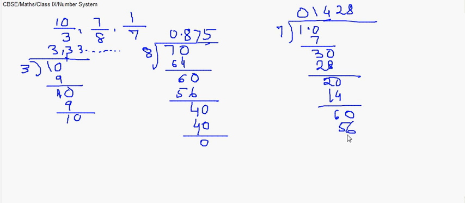I have already got 4 digits after decimal, but it hasn't terminated yet. It is also not repeating as in the first case. In the first one we got 3 repeated, second one it got terminated, and if you see here, it is not getting terminated and it's not even repeating. So there are 3 different cases we have come across.